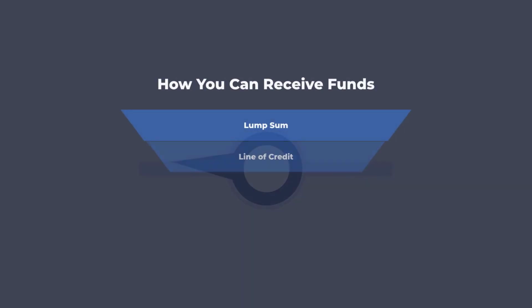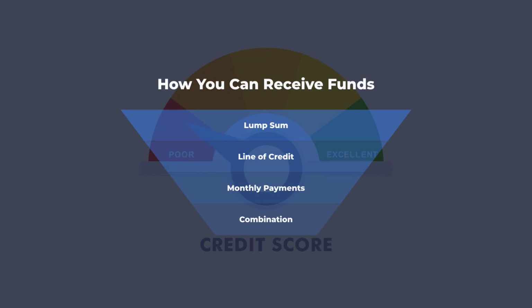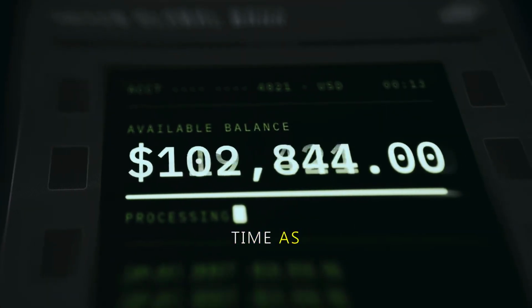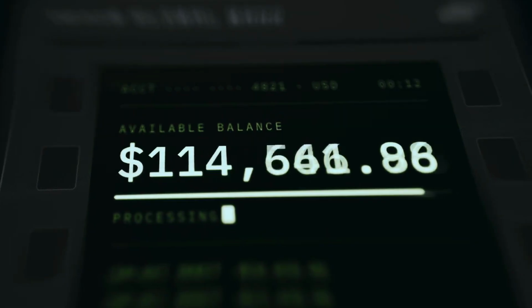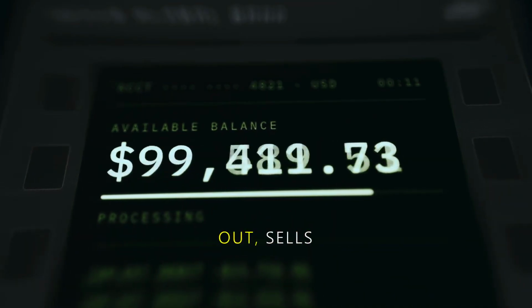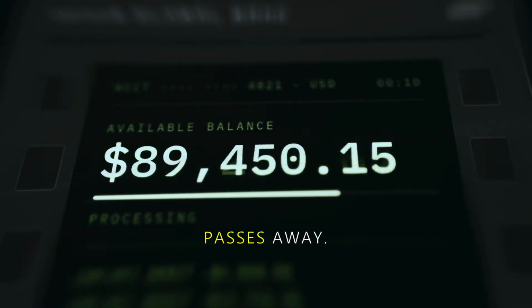The lender pays you either as a lump sum, a line of credit, monthly payments, or some combination of all three. The loan balance grows over time as interest and fees accumulate, and repayment is typically triggered when the last borrower moves out, sells the home, or passes away.